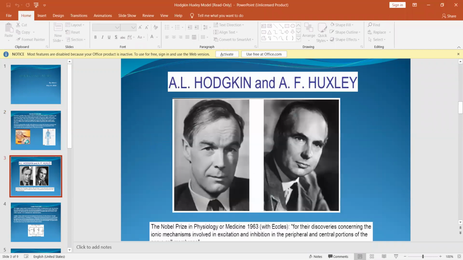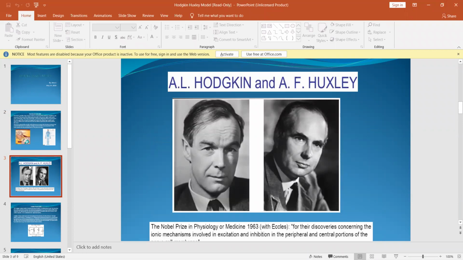The next part has two pictures. The left one is Hodgkin and the right one is Huxley.